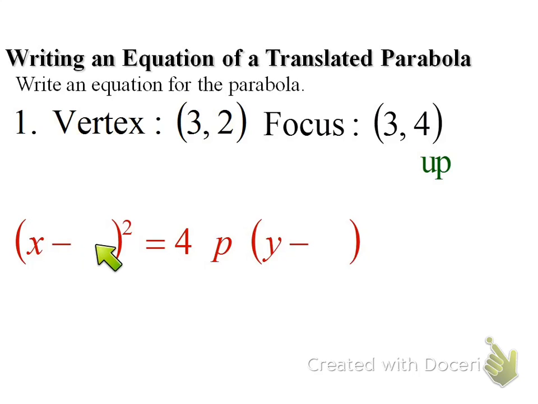So what number is going to go right here, or sorry, the vertex in this case? 3. P goes here. And then you subtract the y value of your vertex from here. What's the y value of the vertex? 2. There you go. The 3 goes here. The 2 goes here. The P goes here.